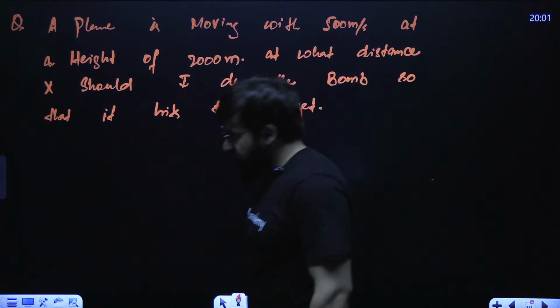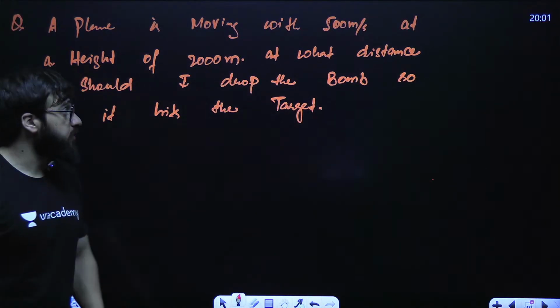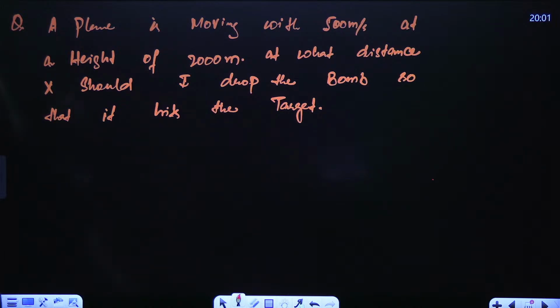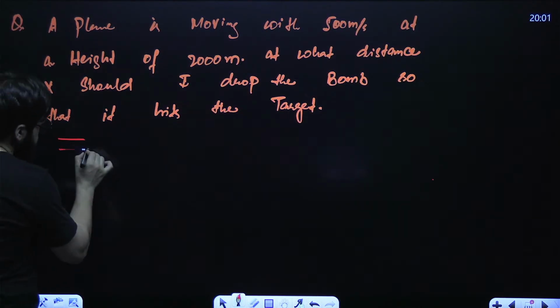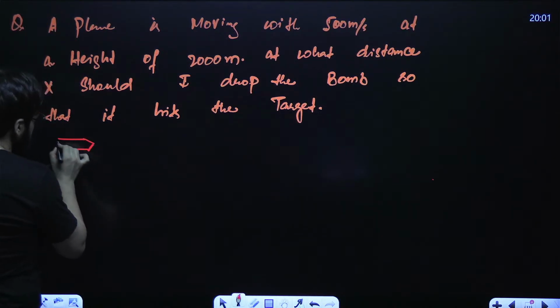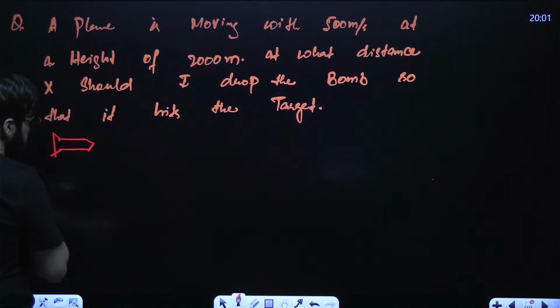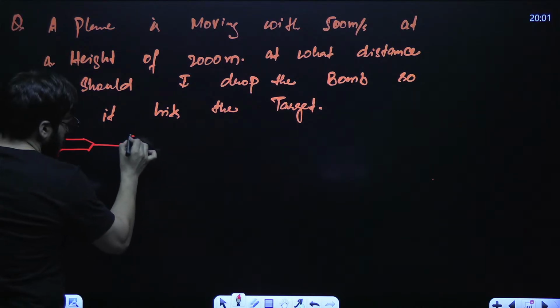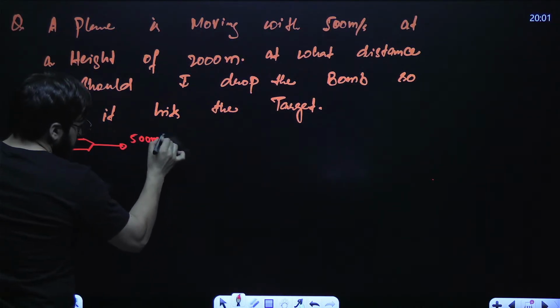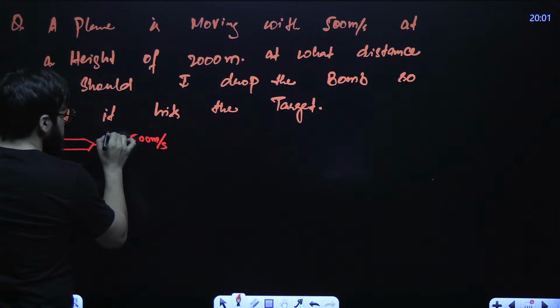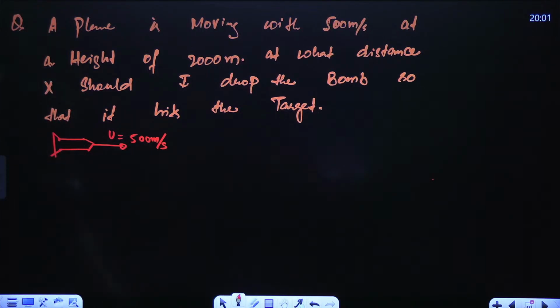One more question you have got over here. A plane is moving with 500 meters per second. There is a plane, and this is its velocity, the value of u. At a height of 2000 meters.